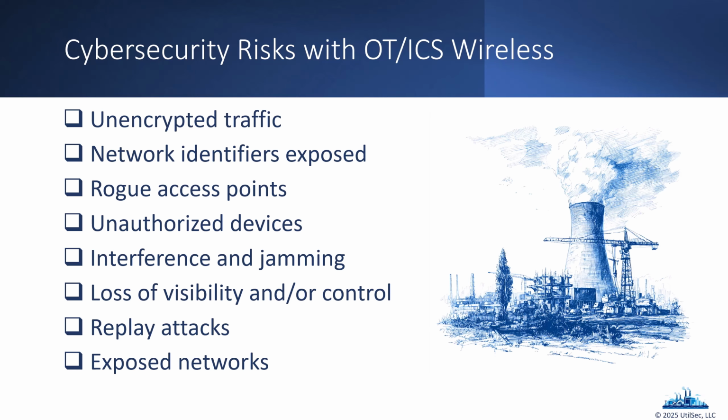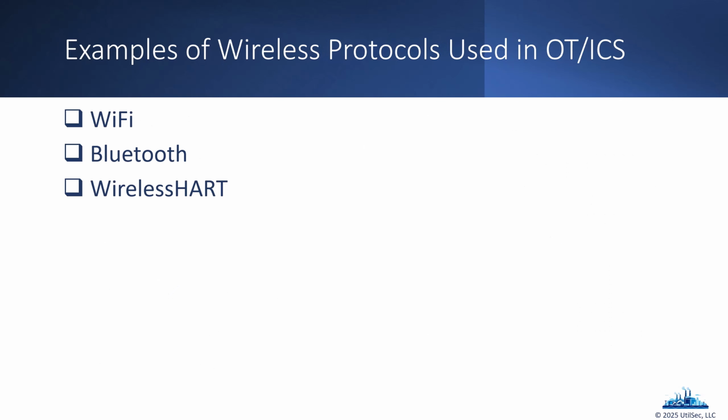Again, some of these you'll see definitely more in Wi-Fi, like rogue access points. And then we can talk about the different wireless protocols that we use, of course Wi-Fi. So we see it everywhere in IT. We also see it everywhere in OT.